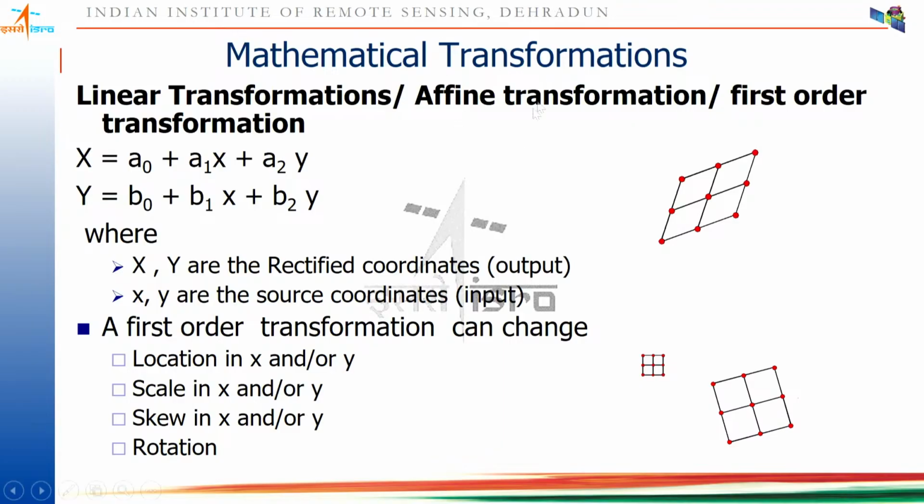And this transformation is capable enough to make all the 4 changes in geometry. If you remember, we had a slide displaying the differences in geometry between an image and a topo sheet. This first order polynomial is sufficient to make all the 4 changes in geometry, right? So we can use this and transform.